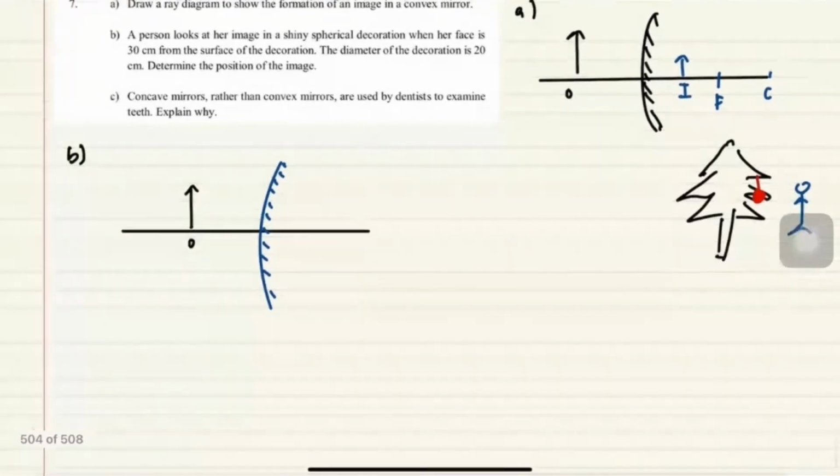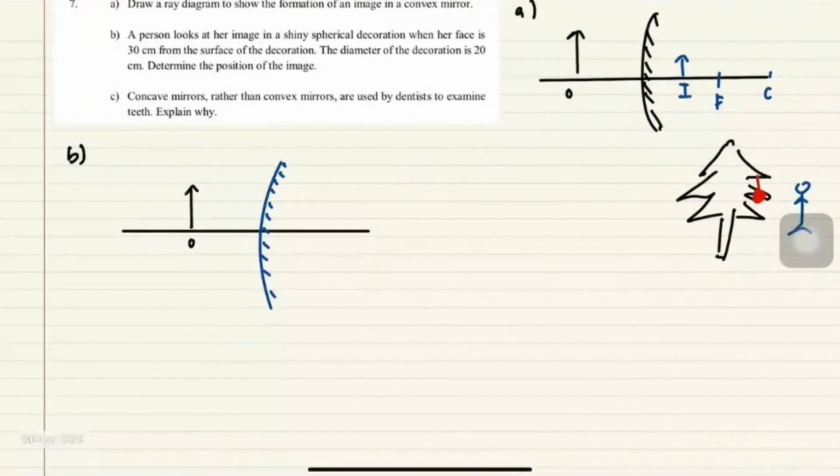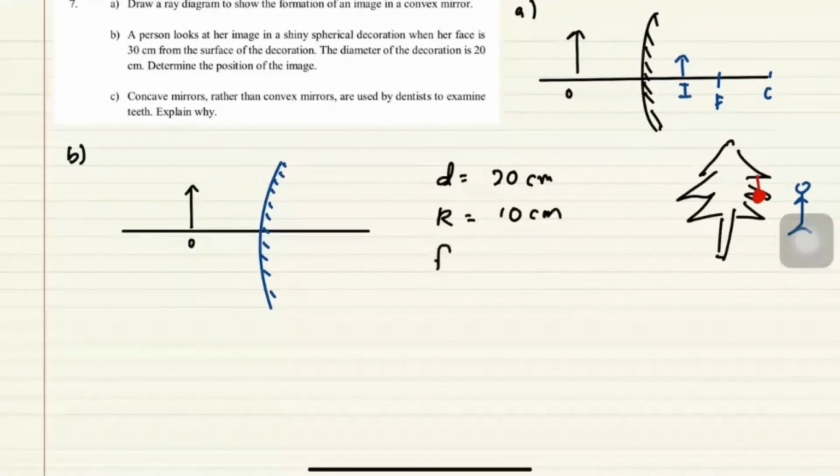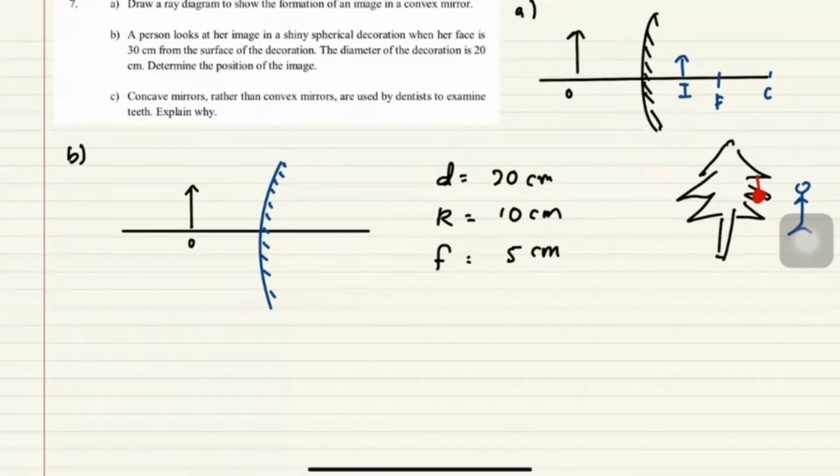The diameter of the decoration is 20 cm. So D is equals to 20 cm. Kalau D sama dengan 20 cm, the radius would be 10 and the focal length would be 5. Okay, my question is, is F positive or negative focal length? Ni converge ke diverge? Cermin macam ni.